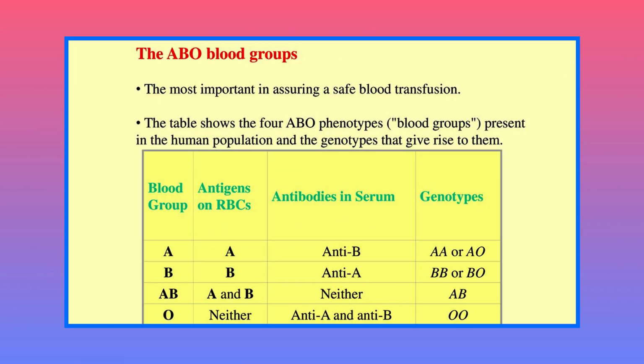The A, B, AB and O blood types are identified by the presence or absence of an antigen A or B on the membrane of RBCs by testing a blood sample with different sera.